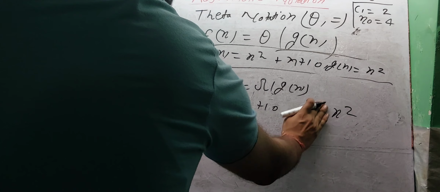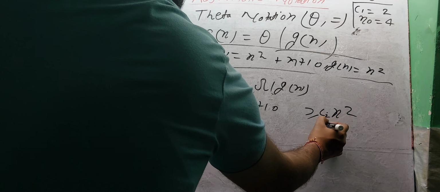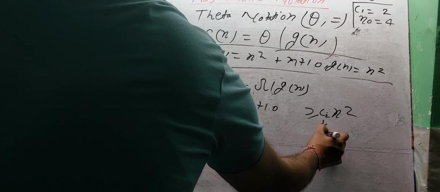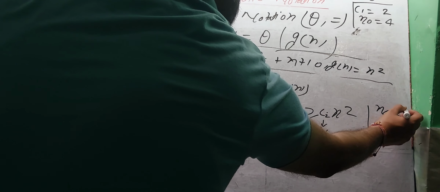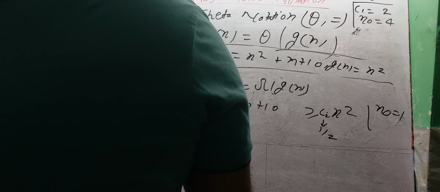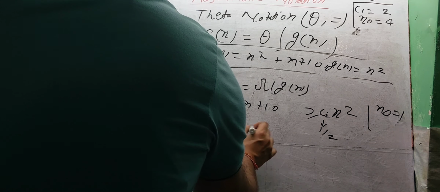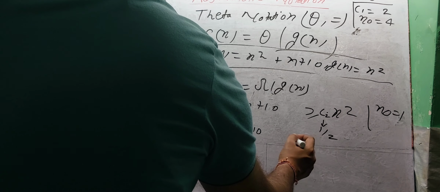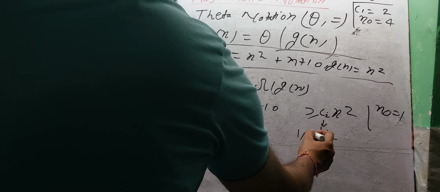Now if we take the c value as 1 by 2 and n naught equal to 1, put 1 plus 10, here 1 by 2 into 1.